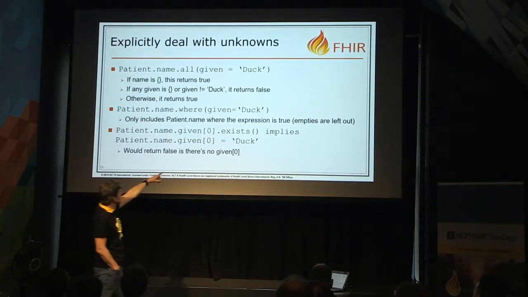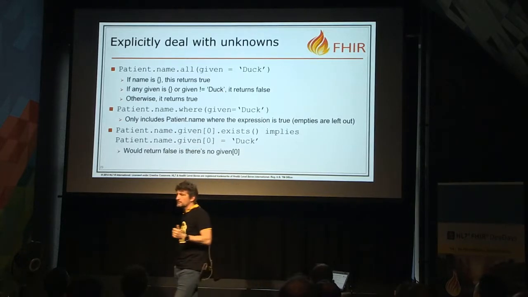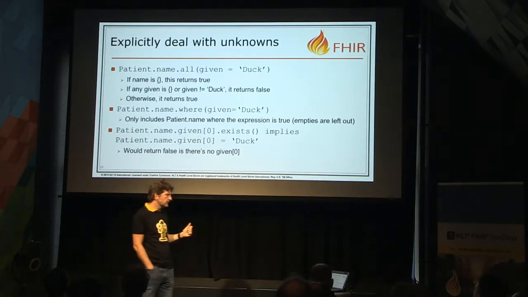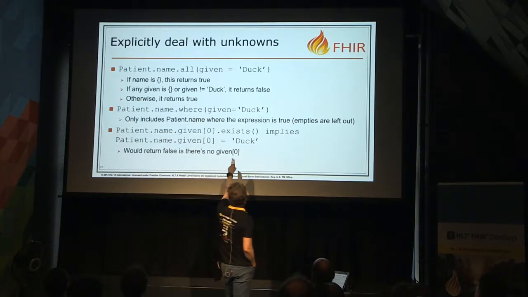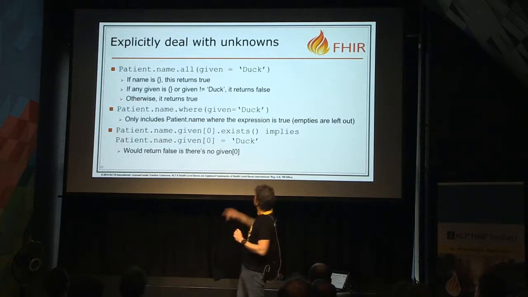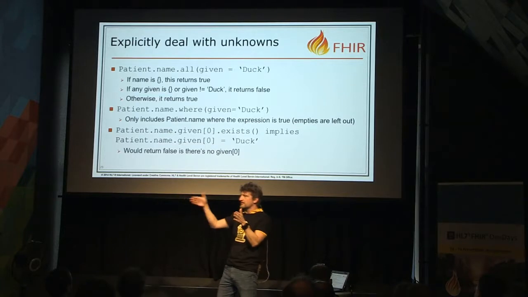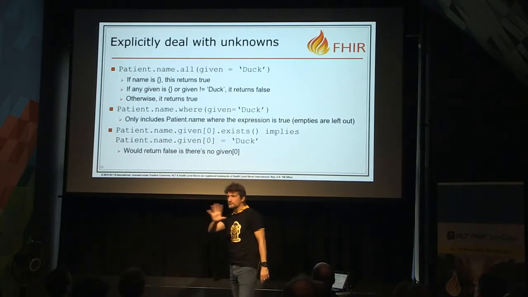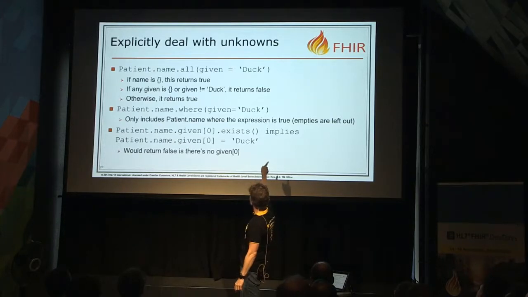And finally, we have the exists operation that tests whether something is missing or not. So given.exists(), if it exists, then that implies patient.name.given = 'doc'. That's actually how I should have rewritten it. If I want to test whether my name is something, and I want it to always return true or false, you have to use the implies function.